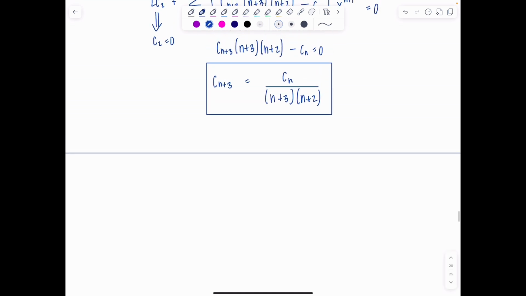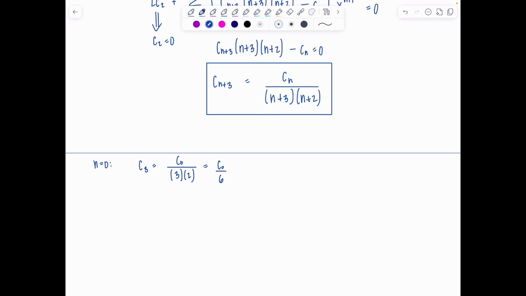Okay, so start off, we're going to plug in n equals 0. So I'm going to have C3 equals C0 over 3 times 2. So that's just going to be C0 over 6.